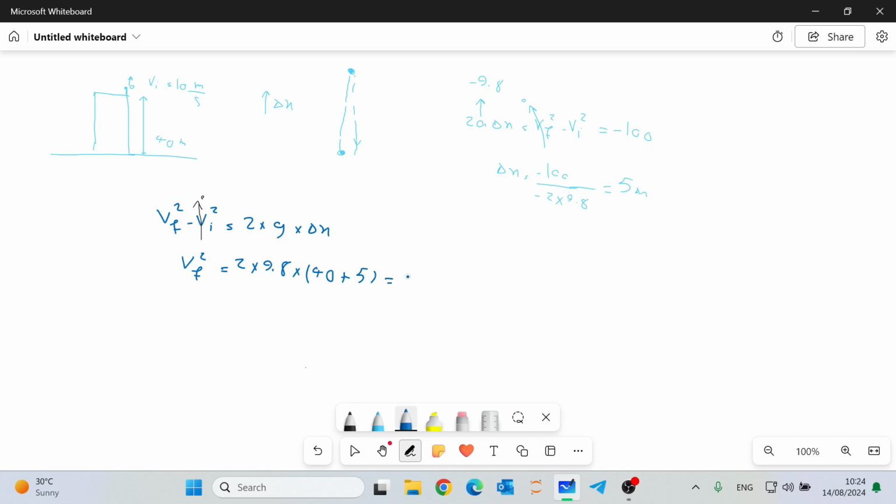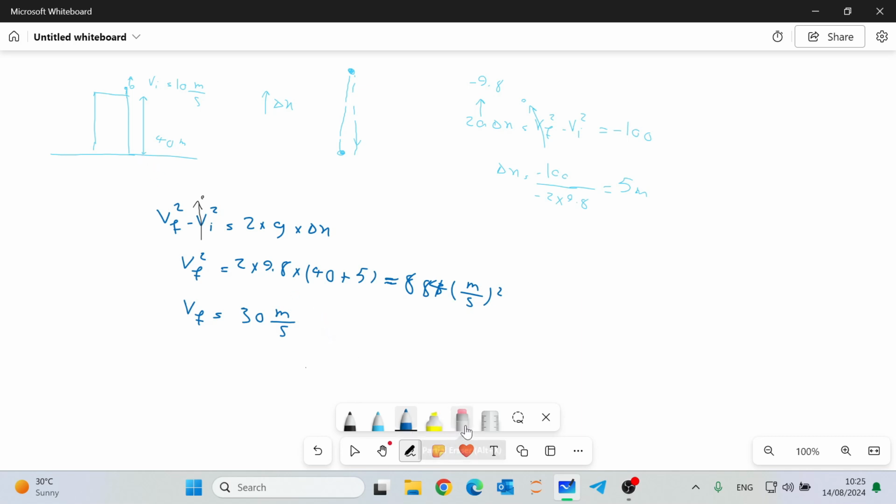So it becomes around, let's say, 883 or 884, almost this, meters squared per second squared. Okay? And then if you take the square root of both sides, vf equals around 30 meters per second. That's the speed when it goes down before hitting the ground.